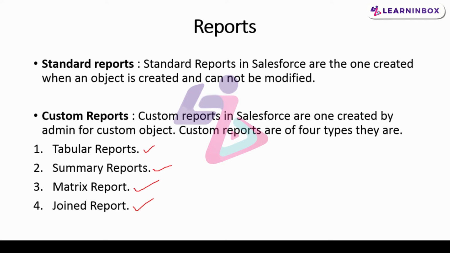Each block acts as a sub-report with its own fields, columns, sorting, and filtering. It can even contain data from different reports. So you can say this join report is a cumulative report where you can have multiple reports of different types. So that's my join report.